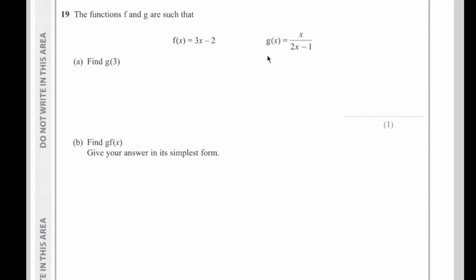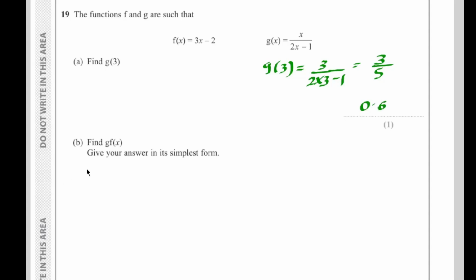So g of 3 equals 3 over 2 into 3 minus 1. Then 2 into 3 is 6, 6 minus 1 is 5, so 3 over 5.